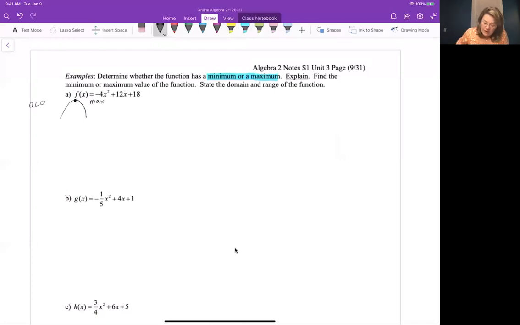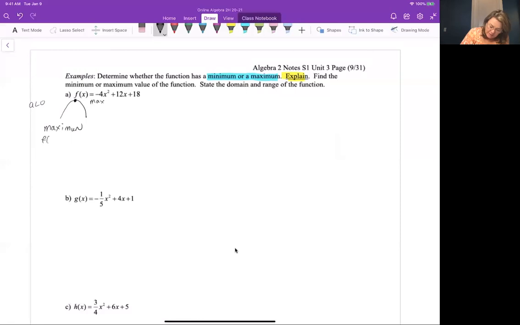Okay. But we got to be able to explain. This is where we lose points because we don't explain properly. So we have to actually explain. So what is our answer? It has a maximum. And why? How do we know that it has a maximum?